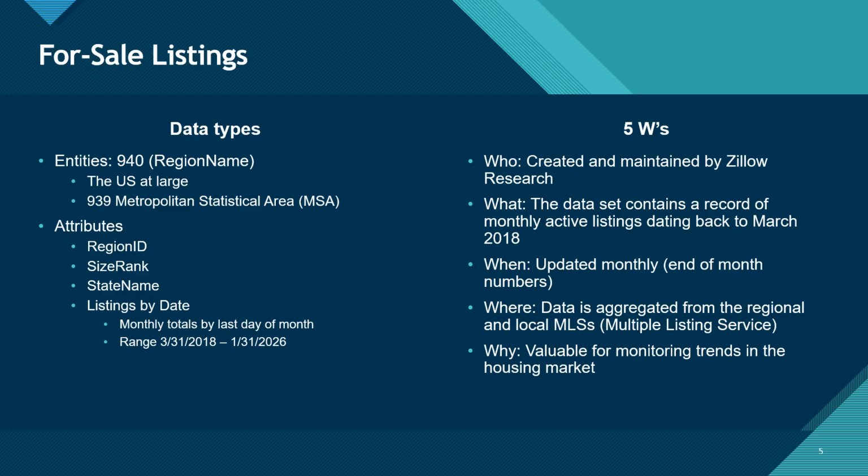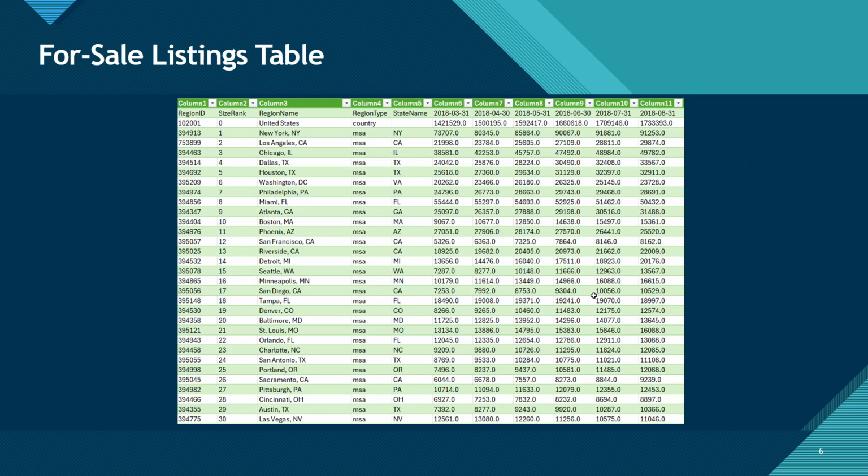This data is valuable for monitoring trends and can be used by economists, analysts, real estate agents, and those looking to buy or sell their home. Data is downloaded as a CSV file, which can be uploaded into Excel and formatted into a table. From there, any number of analytical techniques can be applied to the dataset.